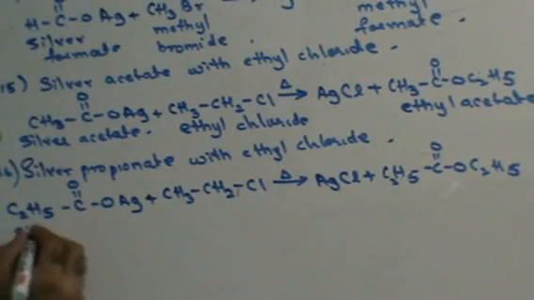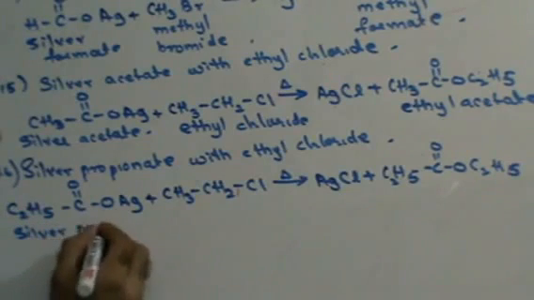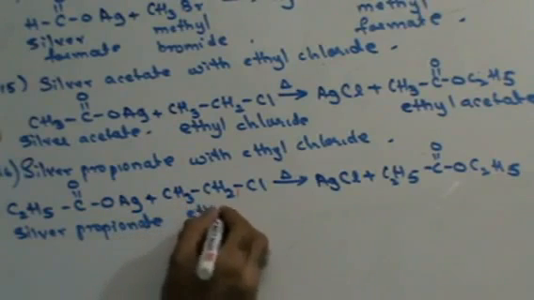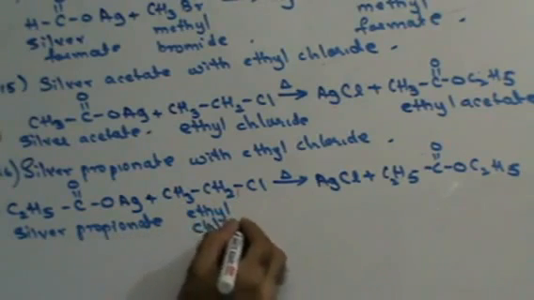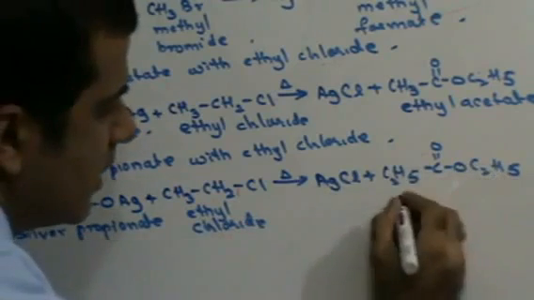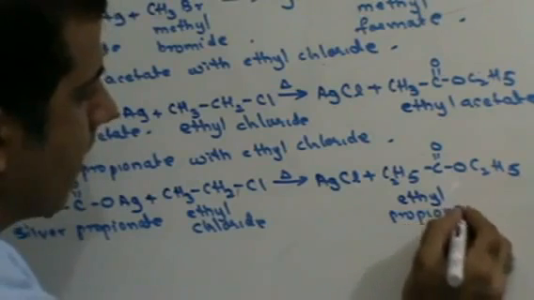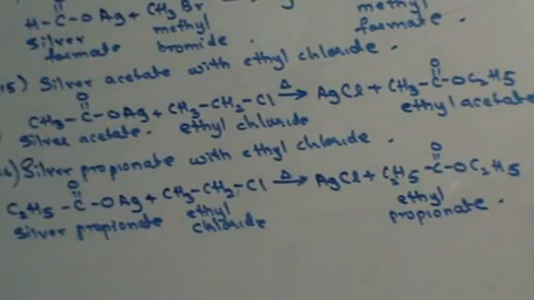This is silver propionate, this is ethyl chloride, and this is ethyl propionate. Finally, these are the different types of substitution reactions that you can have. In all of them, you were substituting the inorganic element with the organic element.